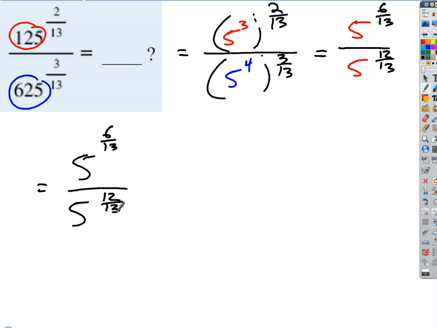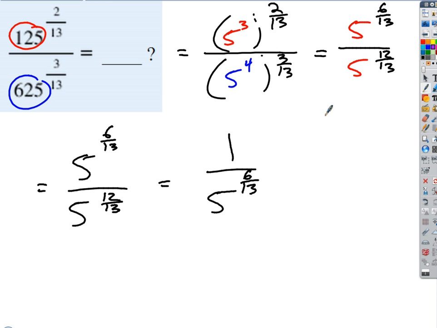If I just follow my rule and keep the base on the bottom, I'm going to get 1 over 5 to the, how many 13ths? 6 13ths. How'd you get 1 on the top? Because remember our rule, ignore the fact that these are fractions, because the fractions are just numbers.